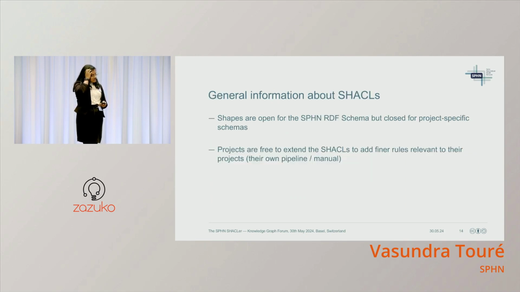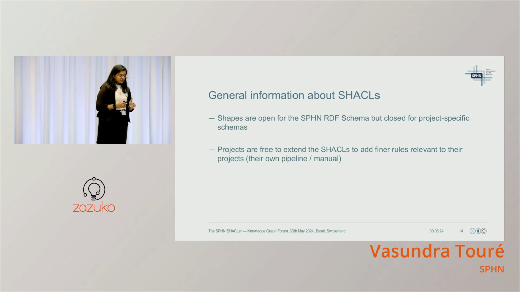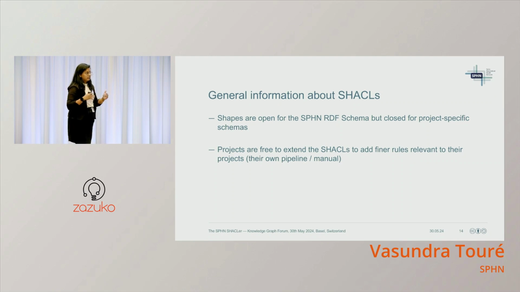About our SHACLs, we do have two ways of representing them. In the SPHN RDF schema, the shapes are open because we enable this extension by the projects to add their own concepts or to extend our SPHN classes and properties. So the SPHN ones remain open, but the project-specific shapes are closed.